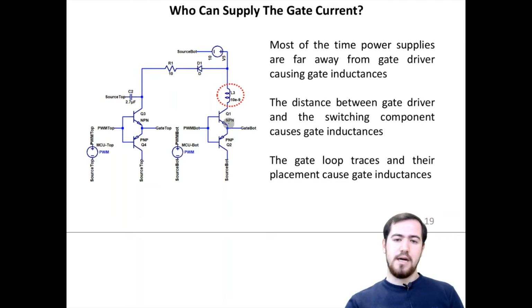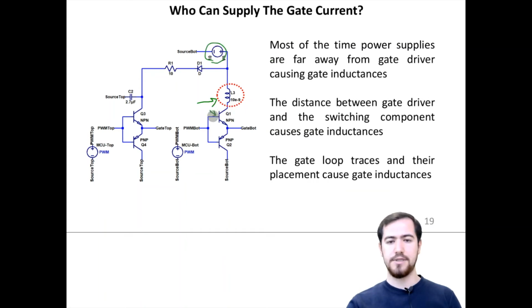Okay, the ideal circuit works without any inductances. However, this is not practical. In practice, we have some gate inductances, called the gate loop parasitic inductance. This inductance is caused by the distance between the power source and the gate driver, or the distance between the gate driver and the MOSFET, our switch, or the IGBT.